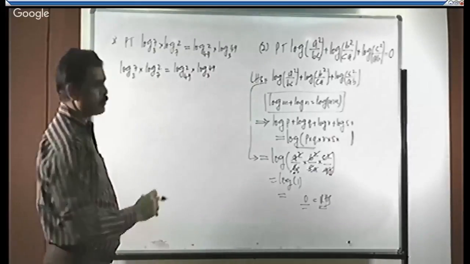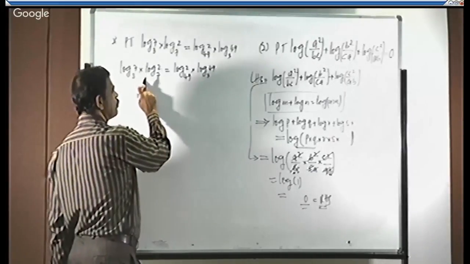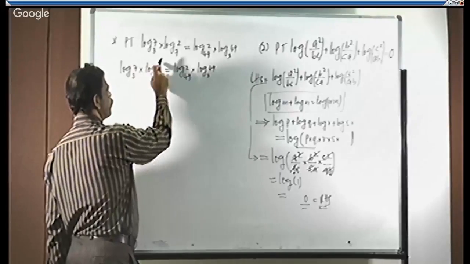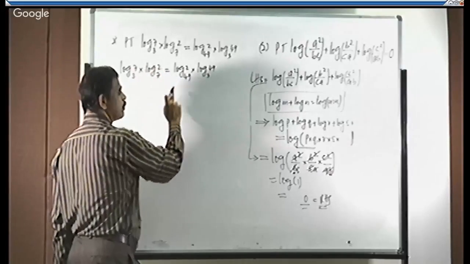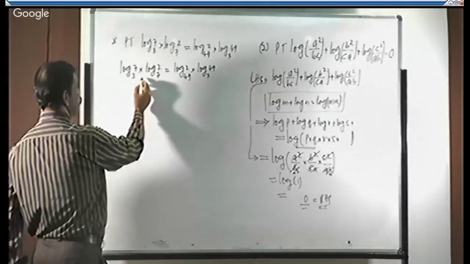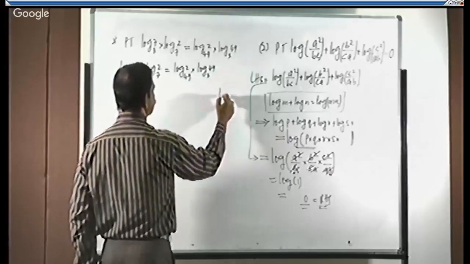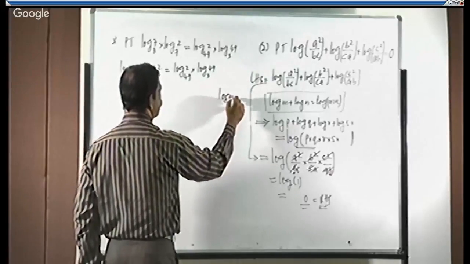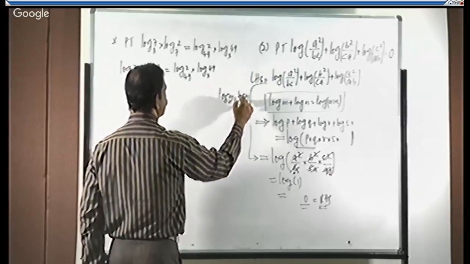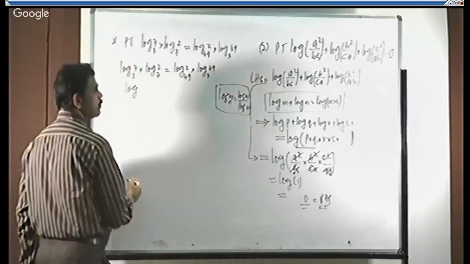Between the terms, what symbol do you have? That is multiplication. So the bases are different. Often you go for change of base. Left hand side: log of m to the base n is equal to log m divided by log n. Use this for all the terms.